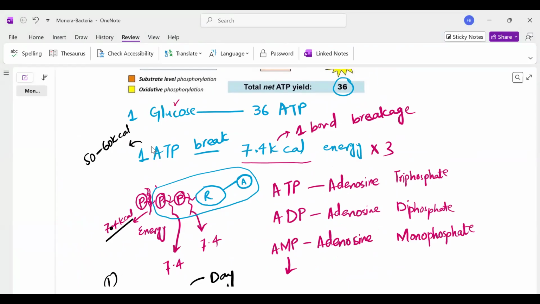So in the ATP molecule, there are three phosphate bonds. So ultimately, when you multiply this 7.4 with 3, you will get this answer. Clear? So this is just for one ATP molecule, and one glucose molecule is yielding 36 ATPs. So there is a lot of energy we get from just one glucose molecule. Clear? Okay.